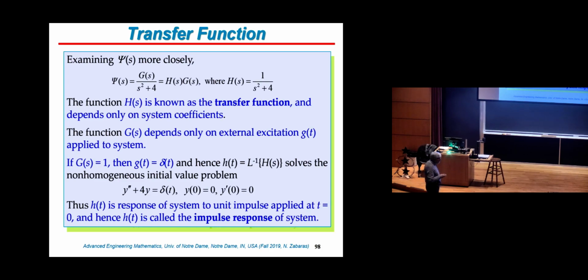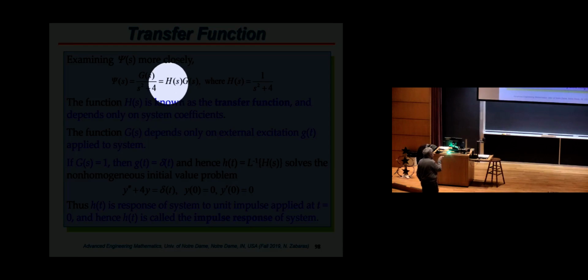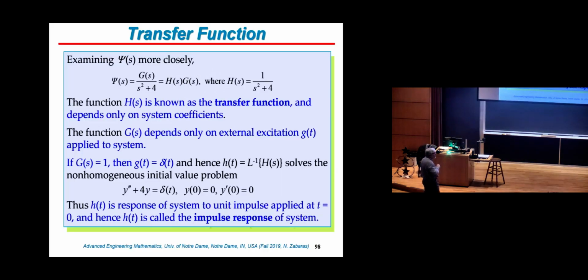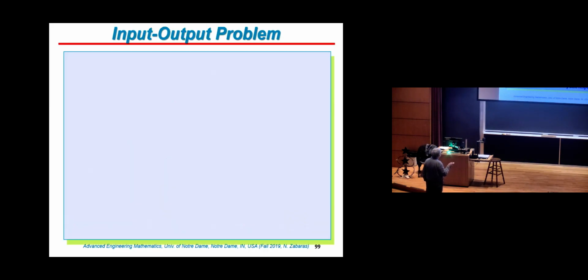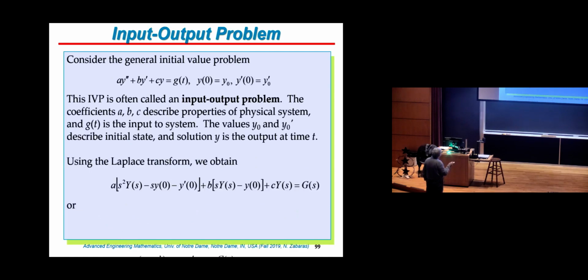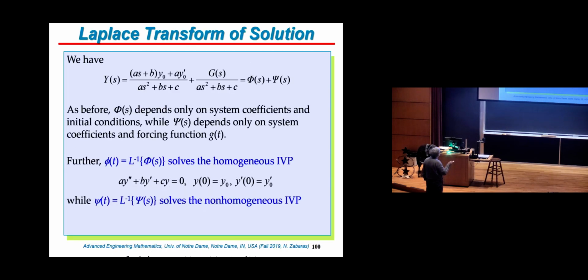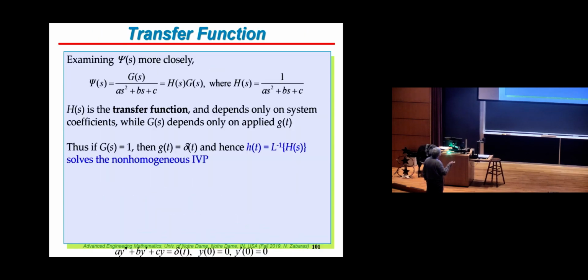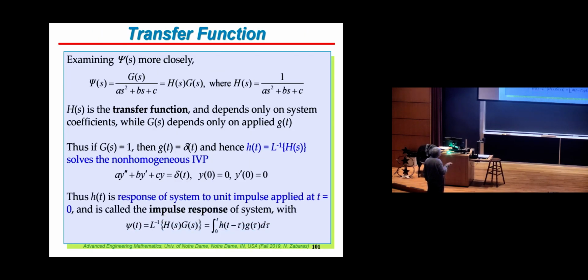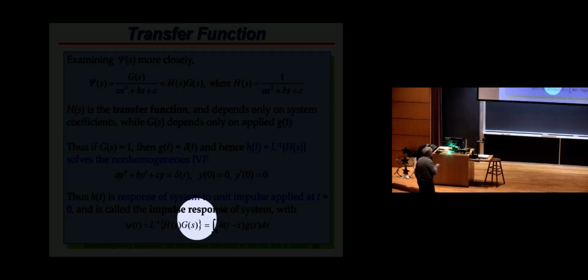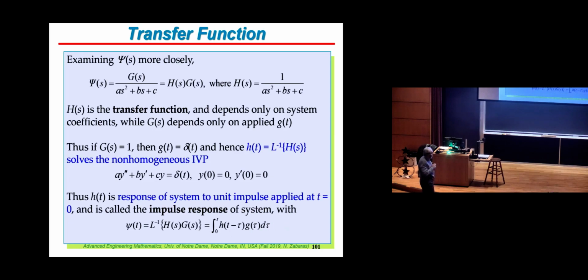Basically, a particular solution of the problem is nothing else but the convolution of the impulse response with the external forcing term g of t. There are two examples in the notes on exactly this problem.